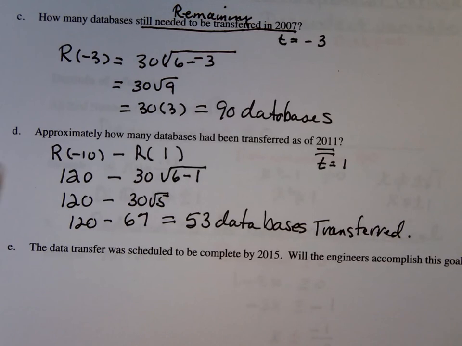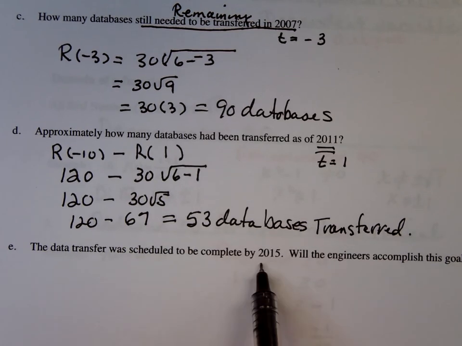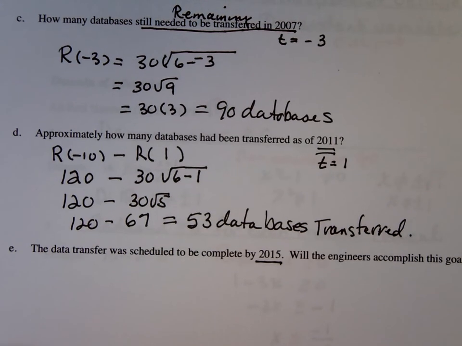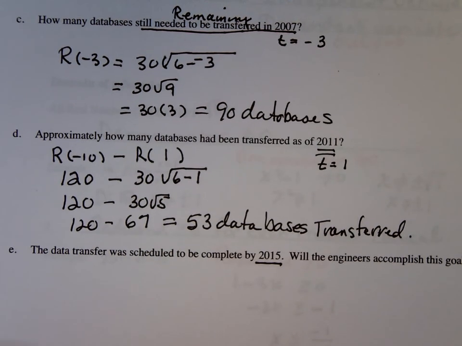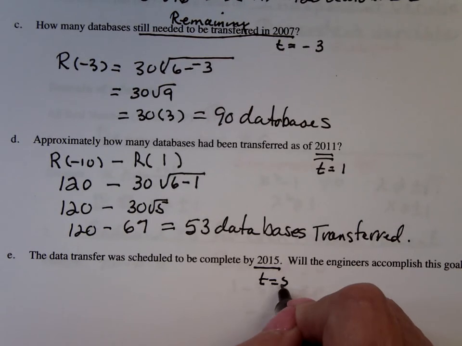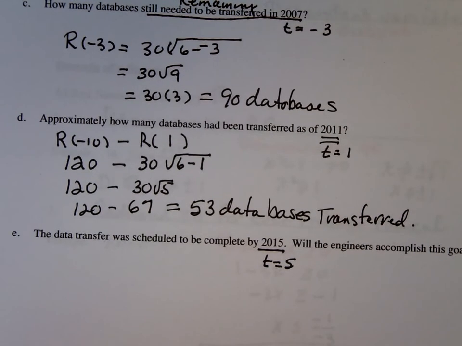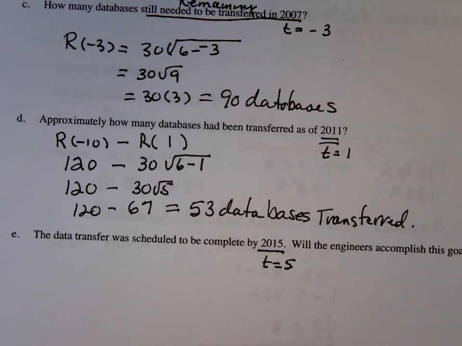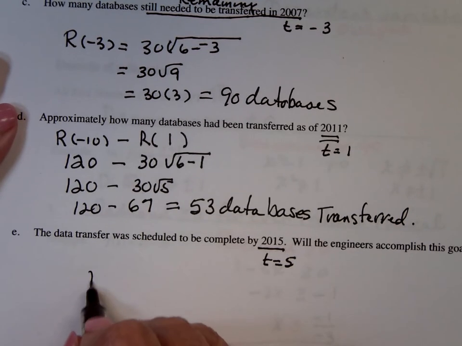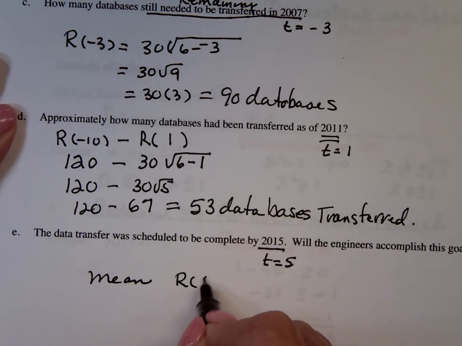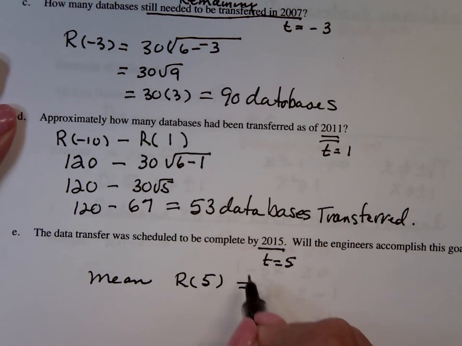And it says, the data transfer is scheduled to be completed in 2015. Will they accomplish their goal? How will I know that? 2015 is a t of 5. If they have completed it, how many should be remaining to transfer? 0. So this would mean that r of 5 should equal 0.